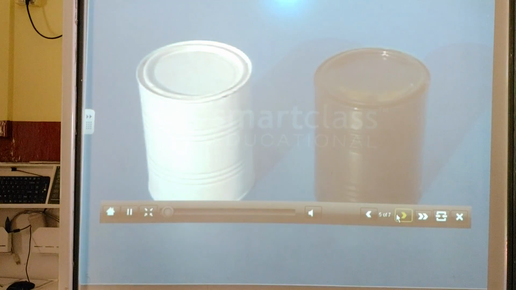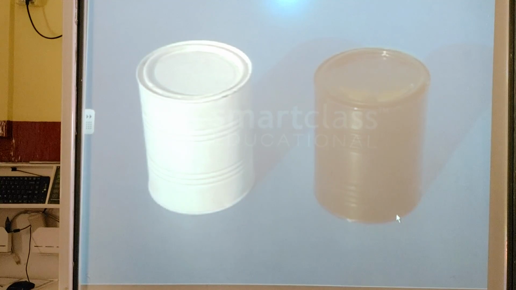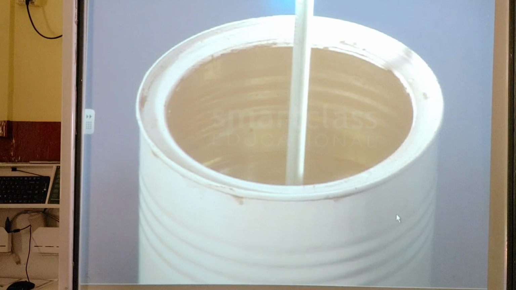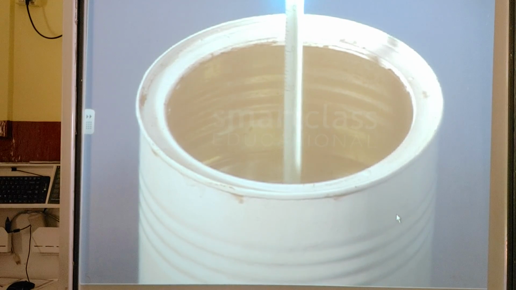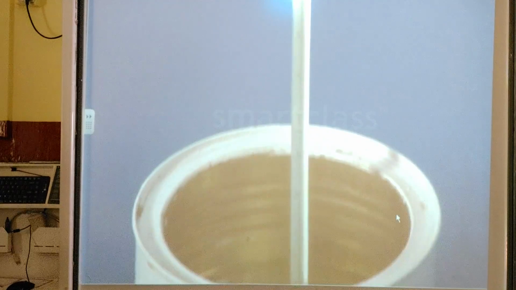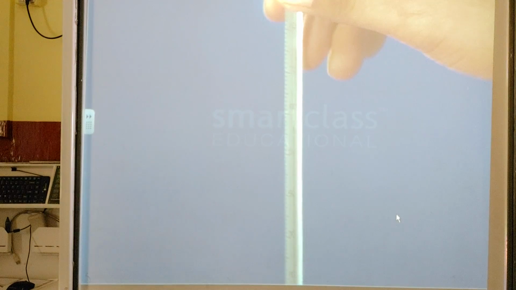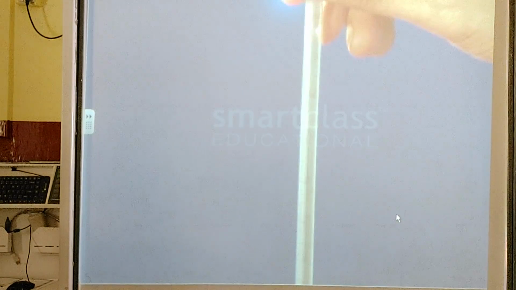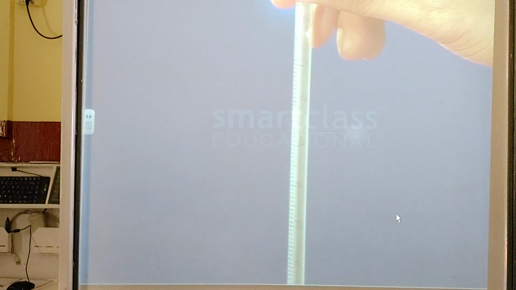After an hour, check the temperature of water in all the 4 cans. Let us begin with the 2 cans in which we had kept boiling water. Temperature of water in the white can is 59 degrees Celsius and temperature of water in the black can is 54 degrees Celsius.